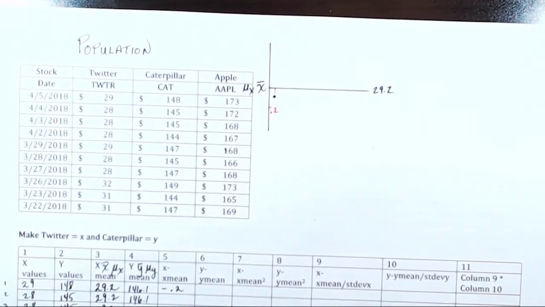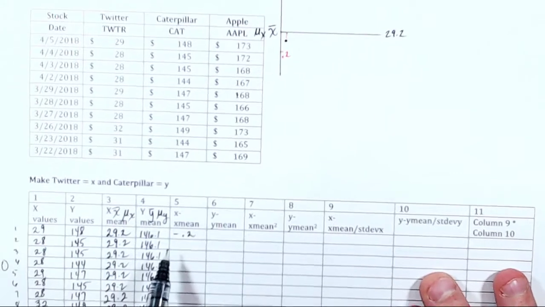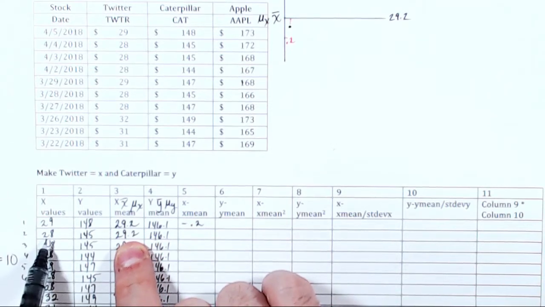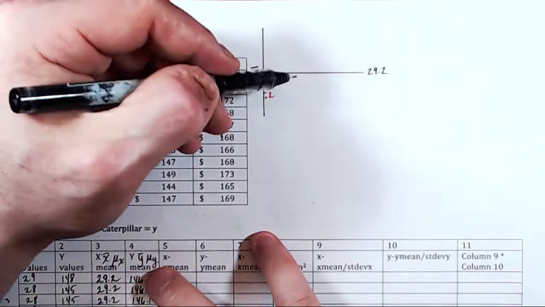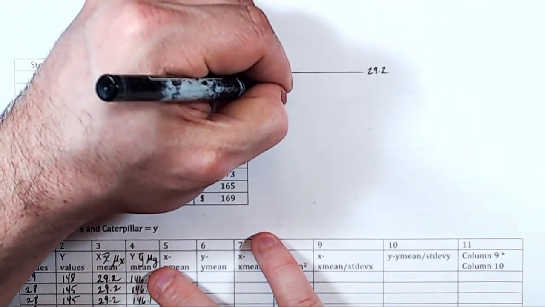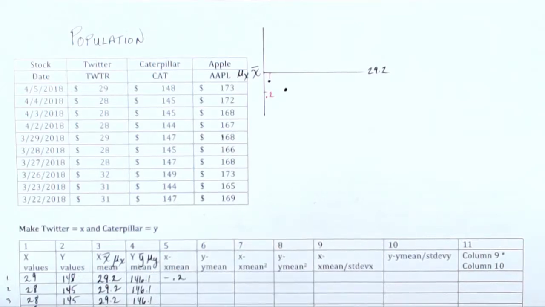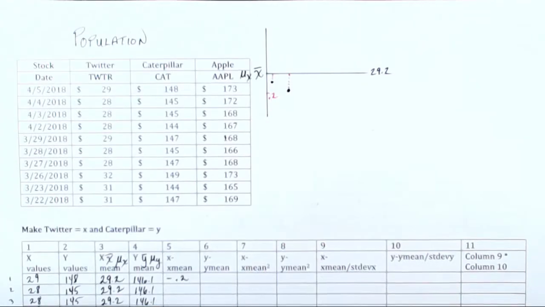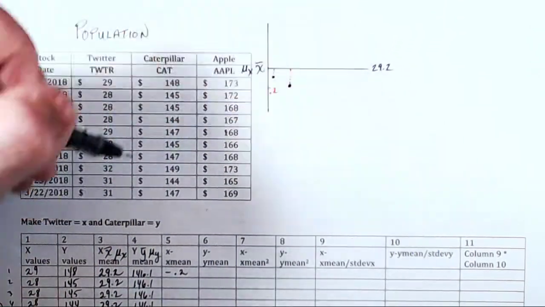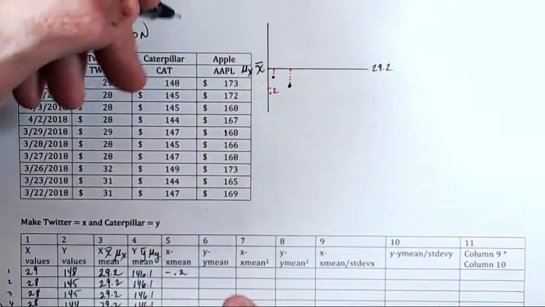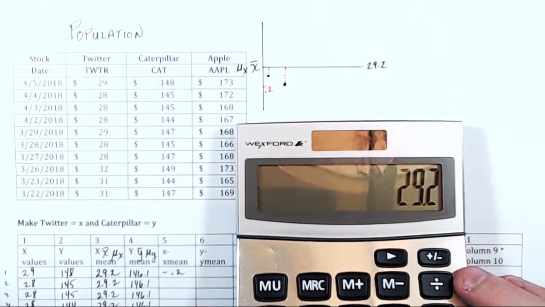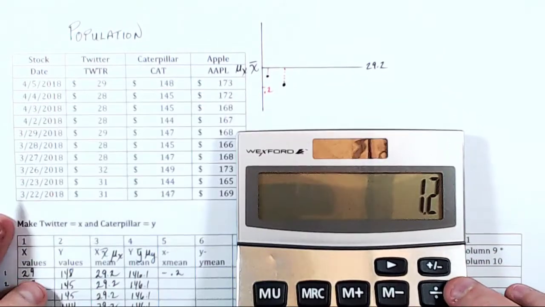Okay, so let's take a look at the next value. X minus X mean. The next value is 28. My mean is 29.2, so again it's below the mean. What is the distance from the value up to the mean? Take 29.2 and subtract out 28, and you're left with 1.2.